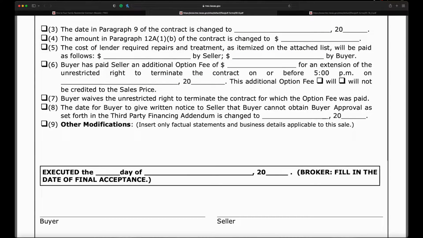Buyer waives the unrestricted right to terminate the contract for which the option fee was paid. So you might be saying, well, why would you want to waive your right to the option period when you still have several days left? Well, I'll tell you why. For example, let's say you have a 10-day option period, and you were able to get your inspections done right away, or let's say you're not getting it done.